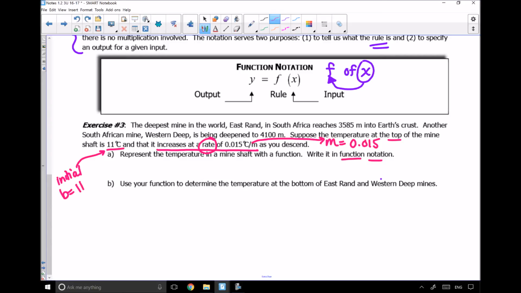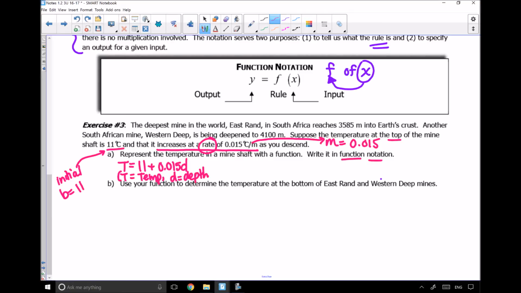So how do I write this out? I know that my temperature is going to start at 11 and then it's going to increase by 0.015 degrees per meter. Okay, so we'll say D for depth. So essentially T is temperature and D is depth.